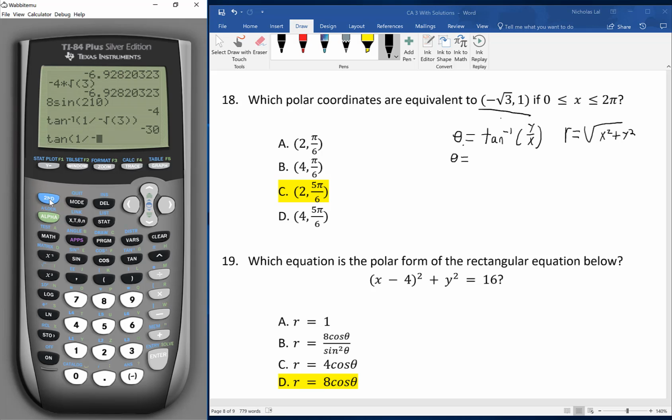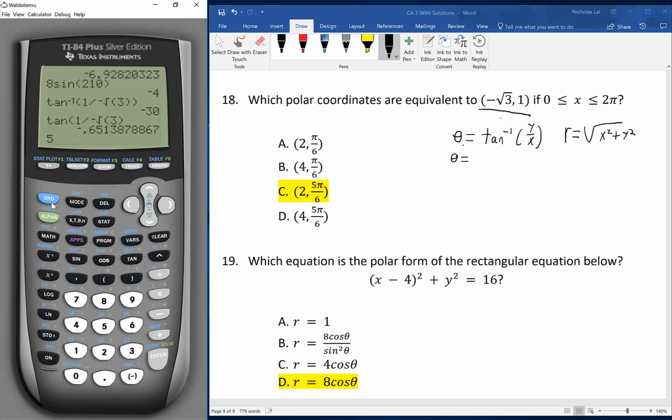And by the way, let's make sure that this value is equivalent to 5 pi over 6.